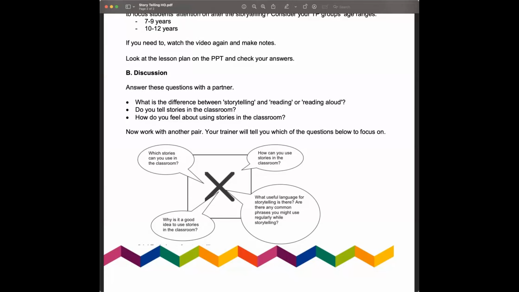I don't know if I'm right. Okay, but can you give any specific examples? So you mentioned values, right? So morality tales, or maybe fables. Yeah, fables.